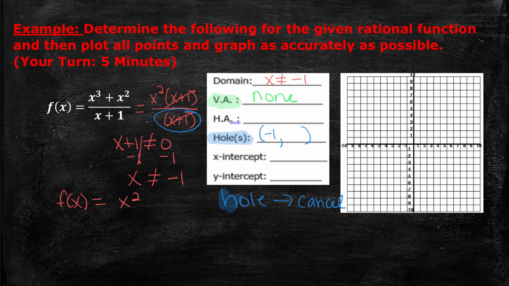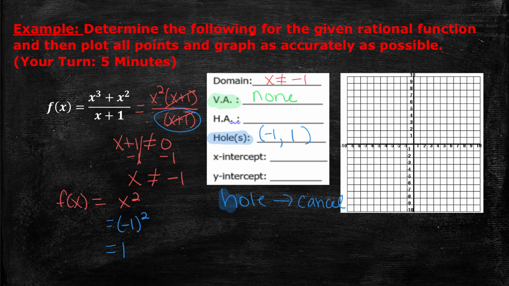Now we're going to find the y value by plugging in negative 1 to the simplified function. So if I take negative 1 and plug it in for x, that's going to give me positive 1. So when x is negative 1, the y value is 1. So my hole is at negative 1, 1.